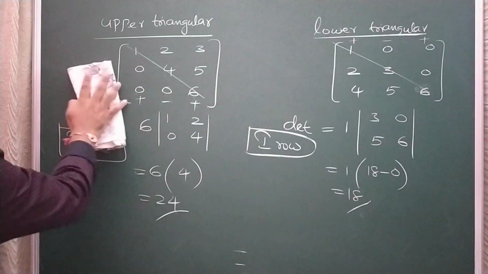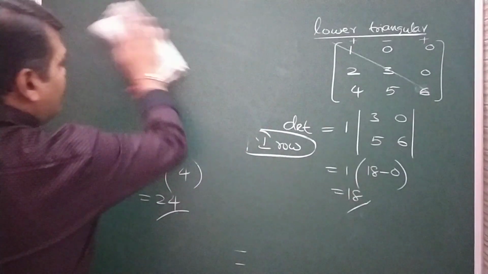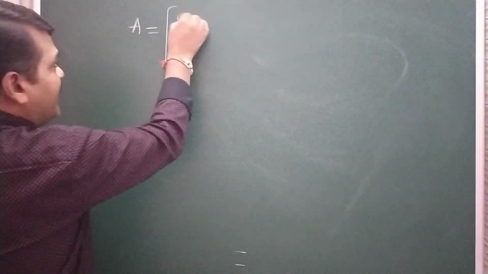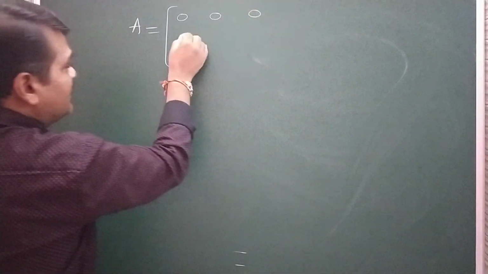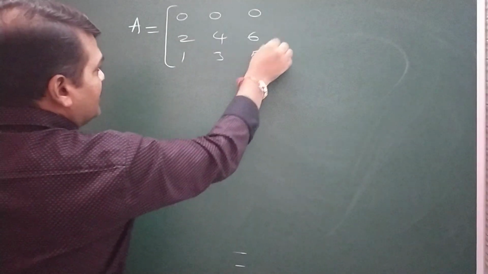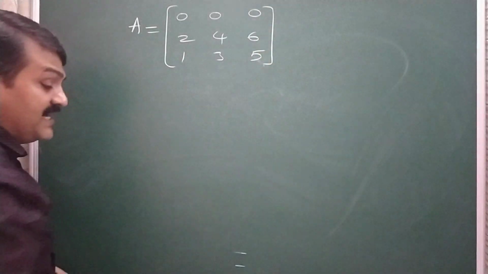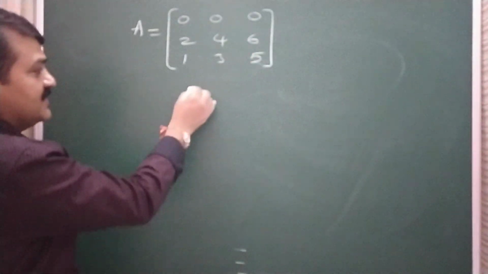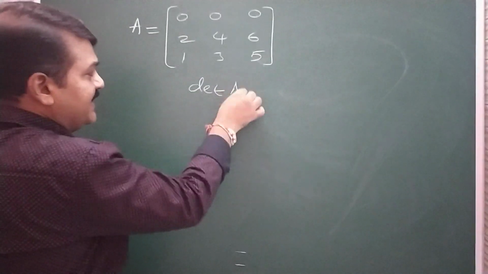One more simple property I will tell. Very simple property. Whenever a matrix has any row or column with all zeros like this, then its determinant is 0.